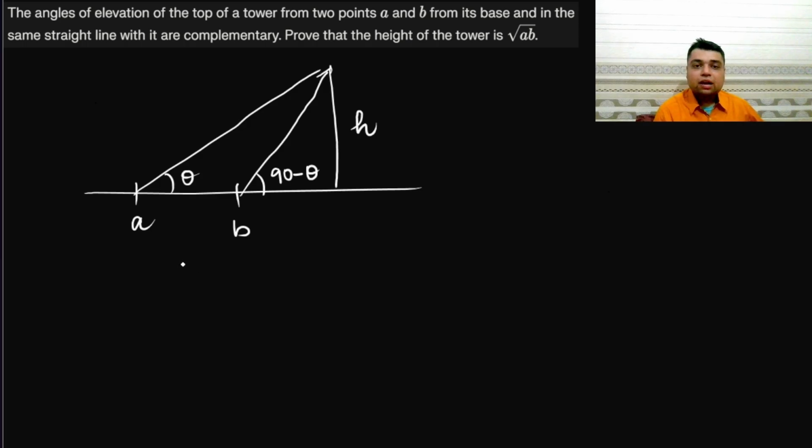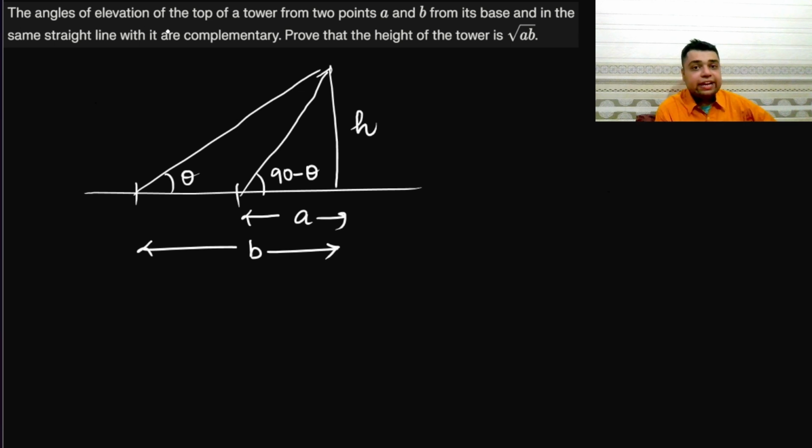Okay, so we are talking about this A and B are not the point. These are the what? These are the distance. So this is A, this is B. Let's see the question again.